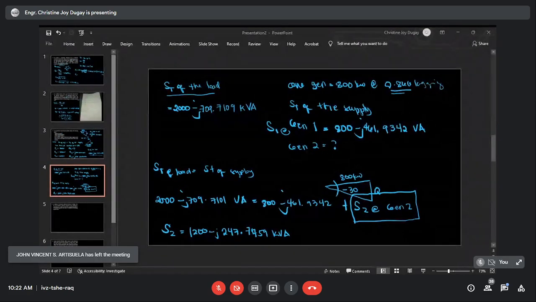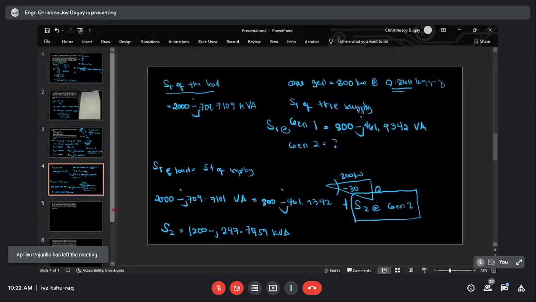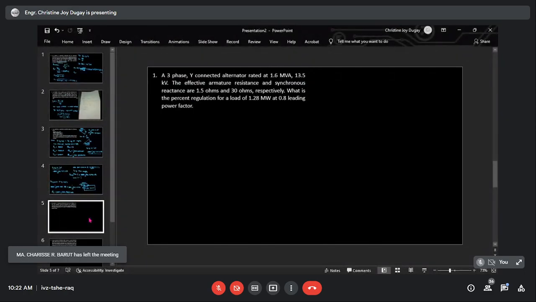Okay, so let's move on now to the next example. A three-phase wire-connected alternator at 1.6 MVA, 13.5 kV, the effective armature. Parang natapos na natin to. Natapos na, no? Kagaya din lang nito.